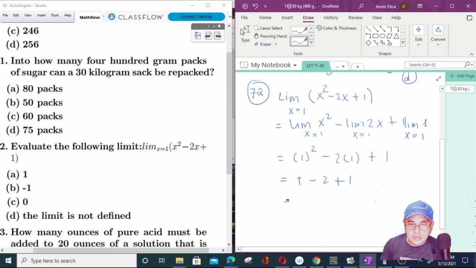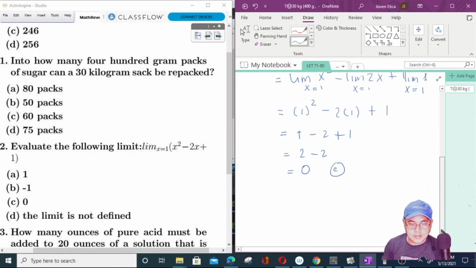So 1 plus 1 is 2, minus 2, this is equal to 0. The answer is 0, letter C. All right. Number 74.